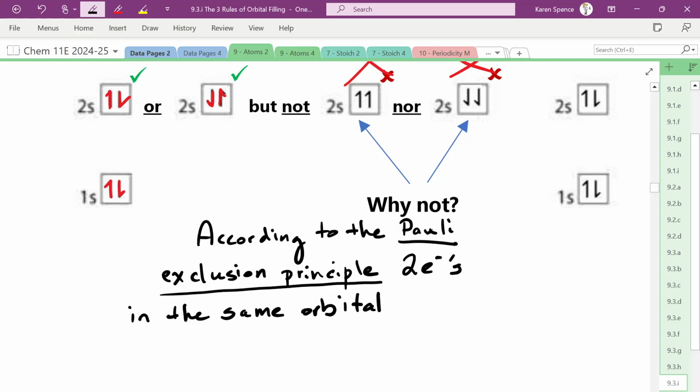Anyone want to donate the answer on that one? Yeah? Yes, very good. Cannot have the same spin.